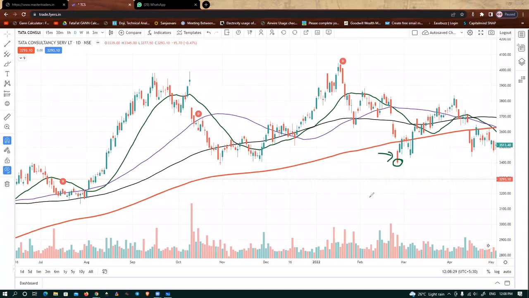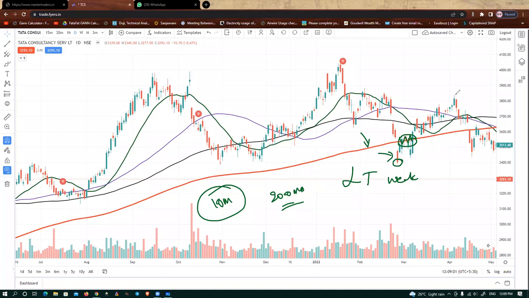Long-term weak, because it is below the 10 months moving average, that is the 200 moving average. It is weak. How weak is it? It is weaker than the 10 months closing price. When it goes onto the moving average, it is sideways.